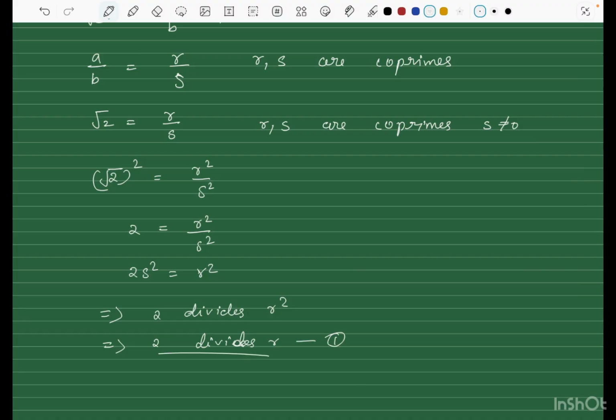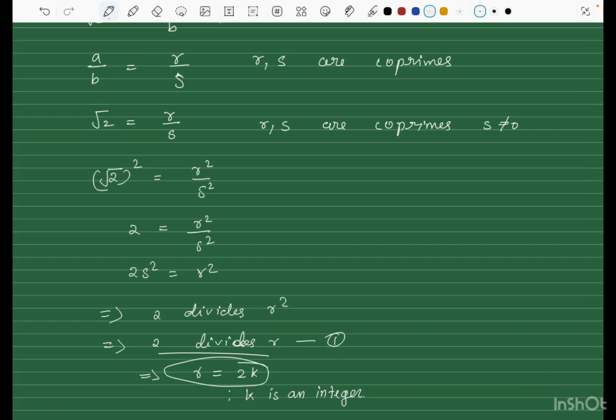We can call this equation number 1. 2 divides r, so r can be written as 2 into k, where k is an integer. That is, 2 is dividing r, so r can be written as the product of 2 and an integer. Let us take r is equal to 2 into k.